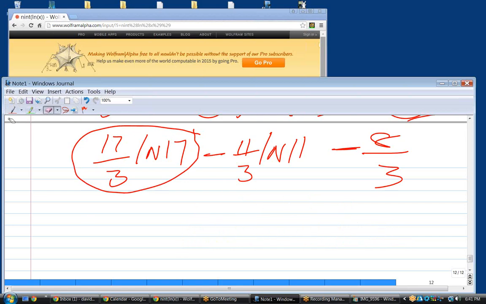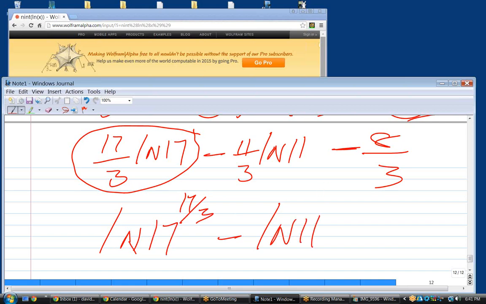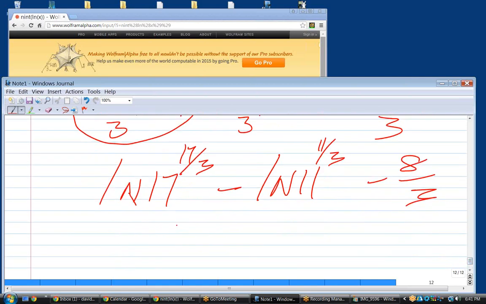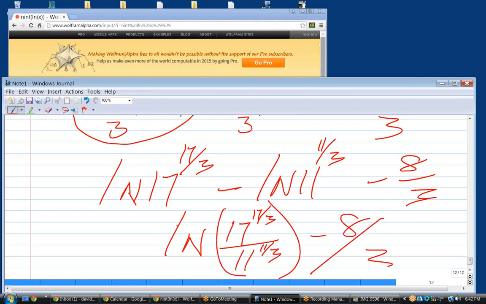In other words, I can turn this into the natural log of 17 to the 17/3 power minus the natural log of 11 to the 11/3 power minus 8 over 3. And that becomes natural log of 17 to the 17/3 divided by 11 to the 11/3 minus 8/3.